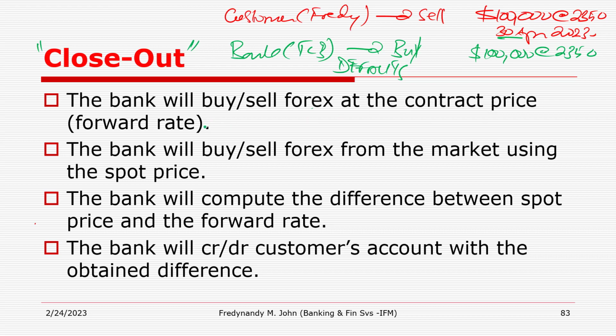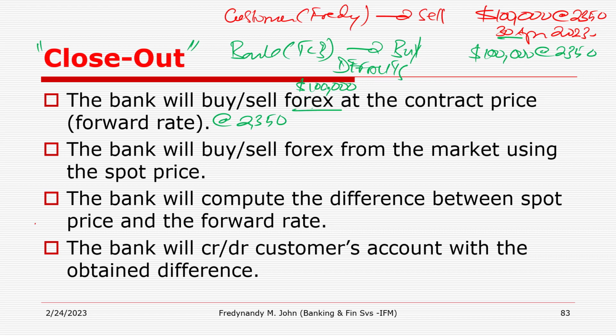The forward rate, remember, is 2,350. Therefore, the bank will buy this USD, the agreed amount here is 100,000, at the contracted price.